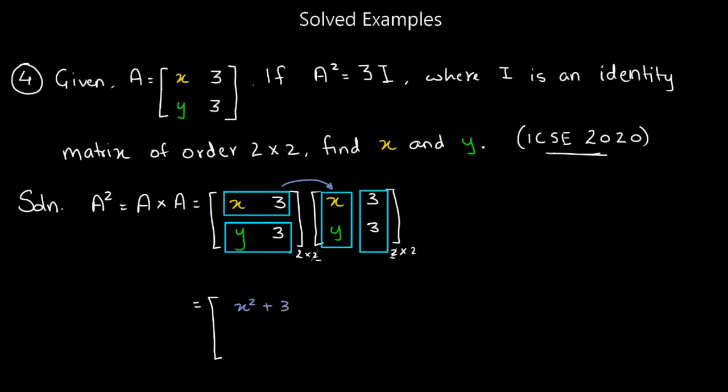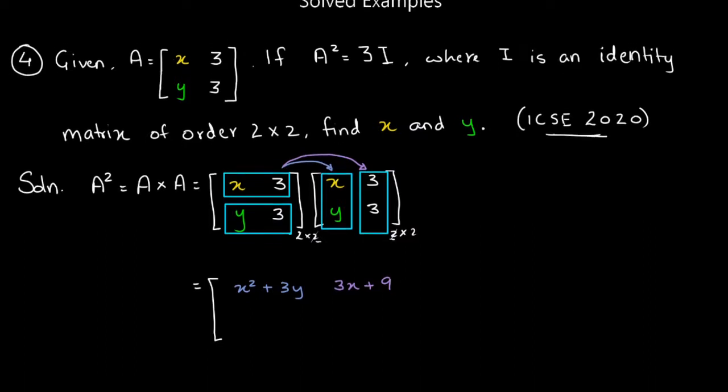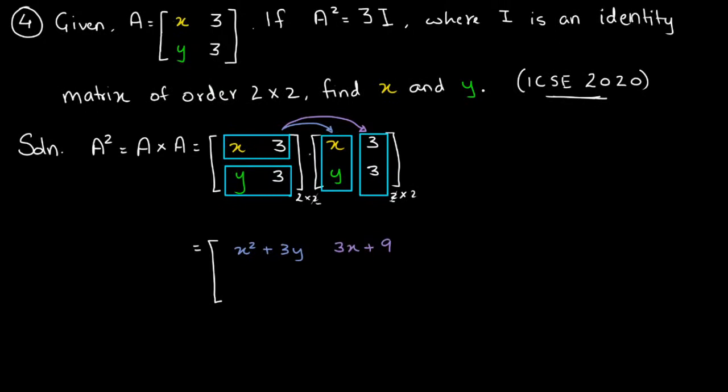So x square plus 3y. That's my first row, first column element. Now moving on to the first row, second column. We'll multiply the first row and the second column. x into 3 will give me 3x. 3 into 3 is 9. So 3x plus 9. That's my first row, second column element. Now the first row elements have been populated.